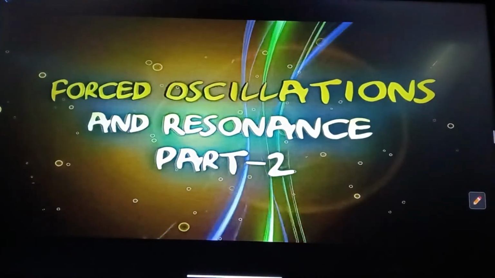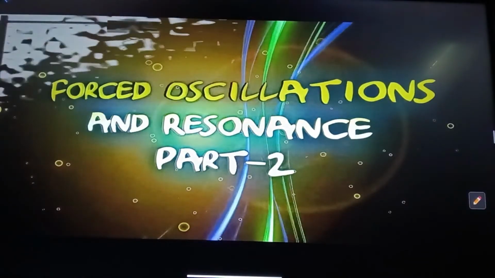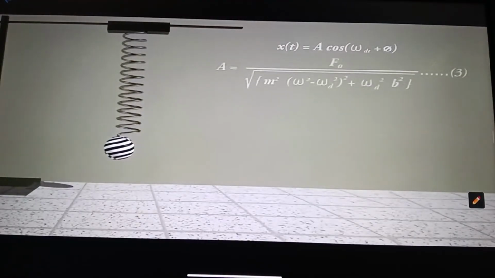Forced oscillations and resonance, part 2. Analysis shows that amplitude is given by A is equal to F naught upon square root of m square (omega square minus omega d square) whole square plus omega d square b square. Let us label this as equation 3.